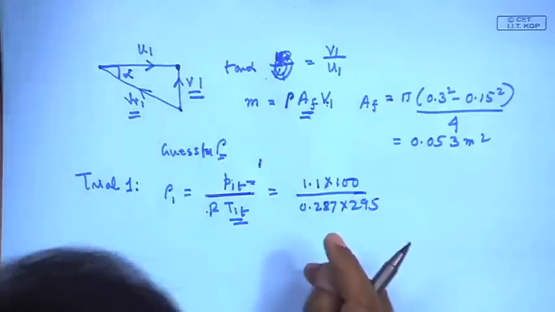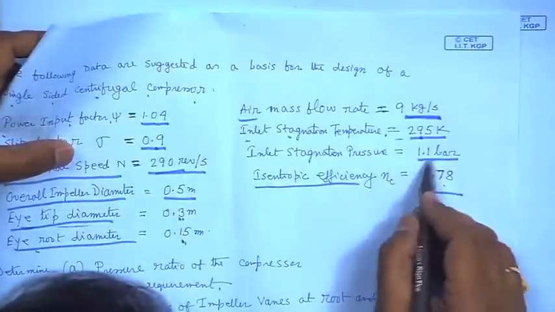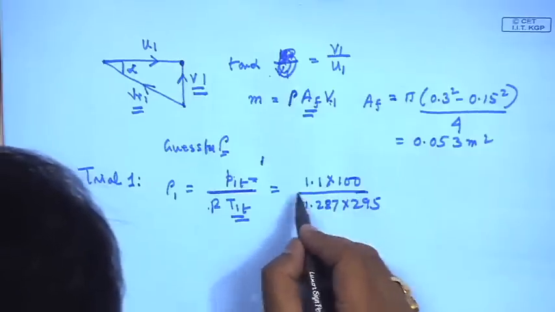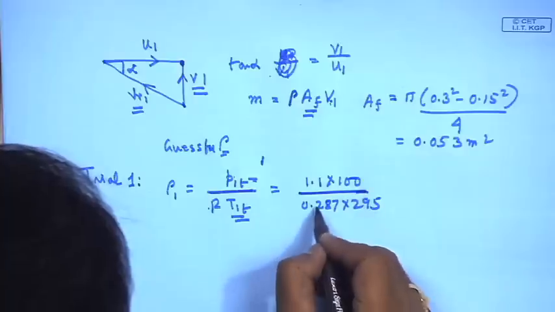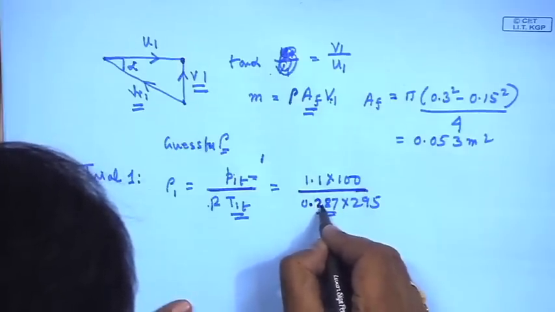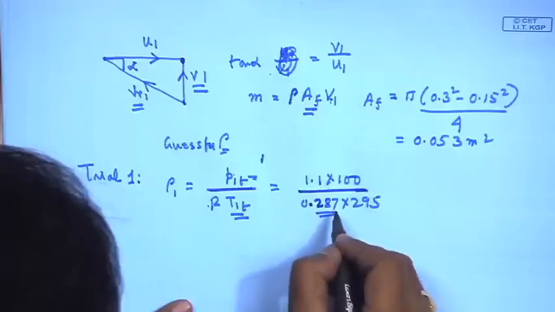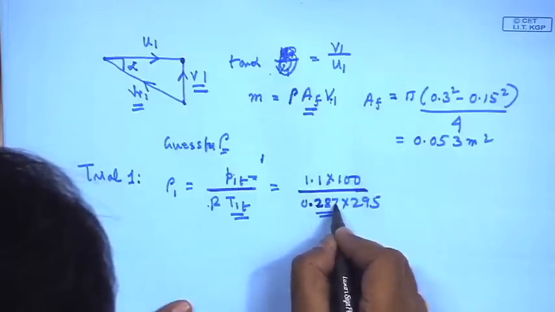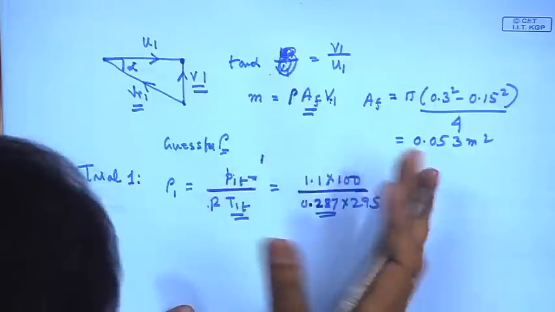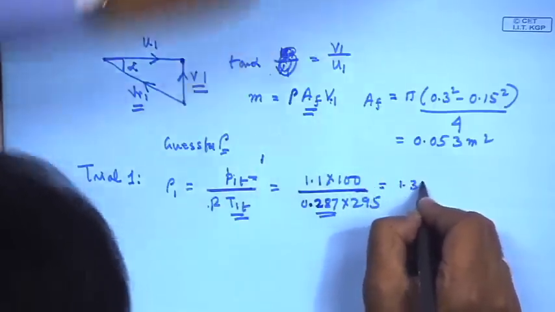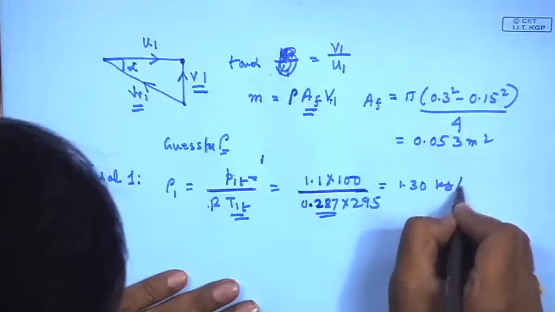Yes, 1.1 bar, so this in terms of kilojoule, this Newton per meter square I am converting. That unit is there, that's why I have written 0.287. It should be 10 to the power 5, then another 10 to the power 3, then it will be 287, the characteristic gas constant. You see that consistent unit is written, and it becomes 1.30 kg per meter cube.